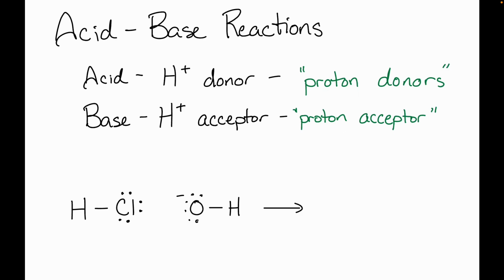Okay? My acid is which molecule? HCl. The HCl. The other molecule is my base. Okay, so again, my acid is going to lose a hydrogen ion. So now it's going to become just a chloride ion.